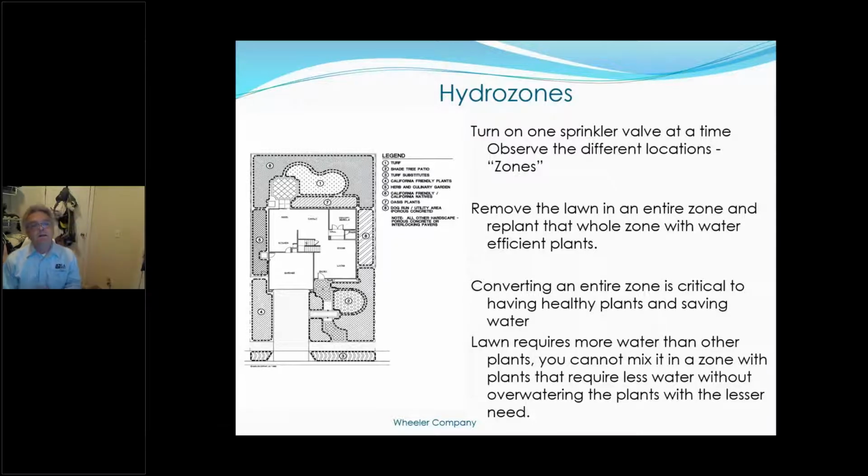So it is important to convert the entire zone to your new design. Okay? So it's not good to mix the lawn with the other plants. And if your sprinklers are already existing, then they may require a little bit of work, maybe different heads, different patterns, things of that nature. Okay, next.